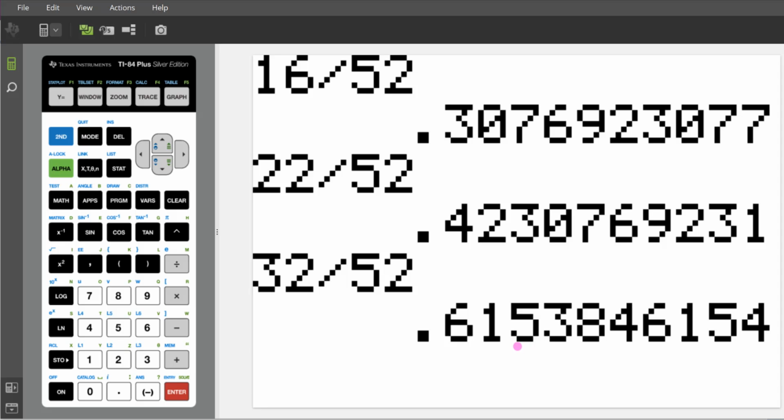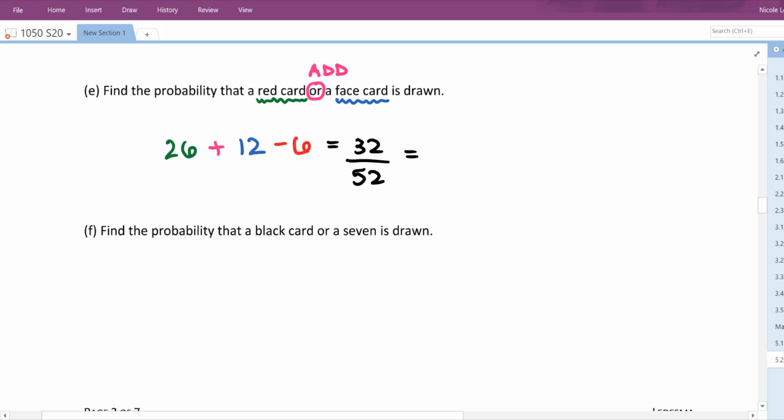So then we're getting a probability of 0.615, or about a 62% chance of this happening. Okay, so again, for your homework, make sure you are showing this work here of what you're adding and possibly subtracting. Again, don't just give the final answer here.